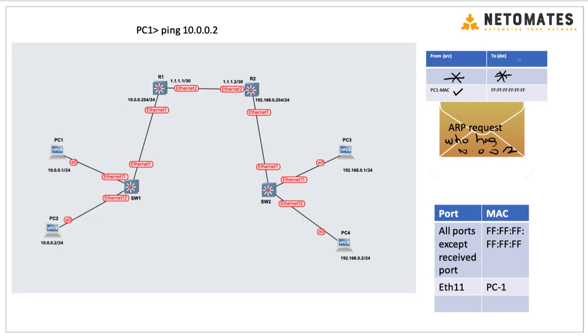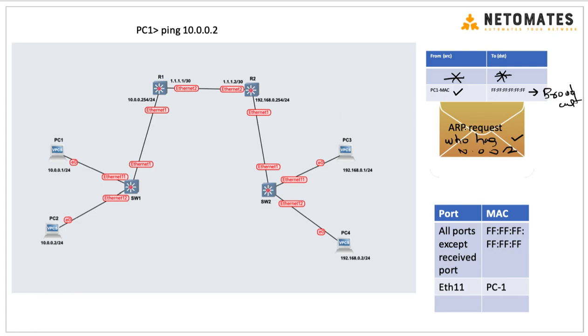It is looking for 10.0.0.2 but doesn't know where it is, so for the destination MAC address it uses all Fs, which is specifically for broadcast. Broadcast means the packet is intended for all the machines in that network.